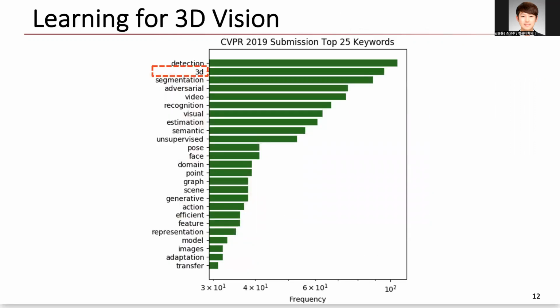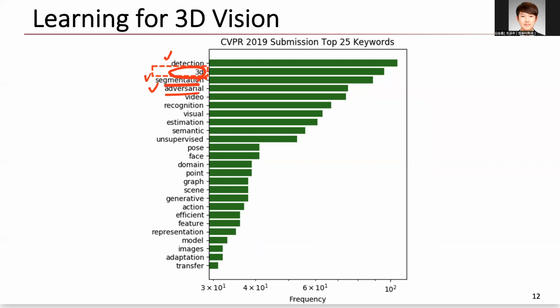Learning for 3D computer vision is one of the most popular topics in the computer vision field. For example, when we check the CVPR 2019 submission top 25 keywords, at the time detection was the top and 3D was the second top. And segmentation, we already discussed detection and segmentation.